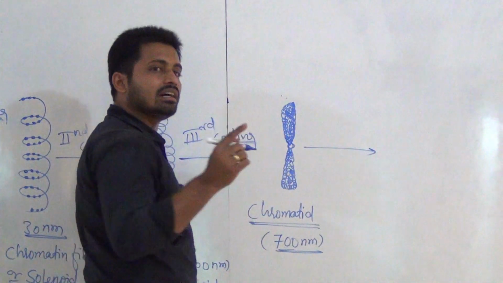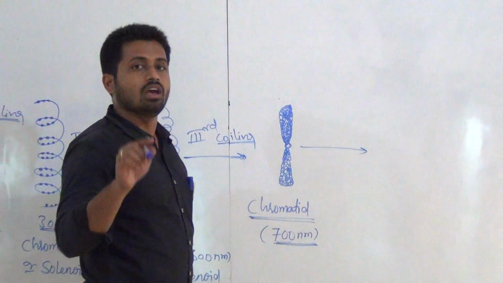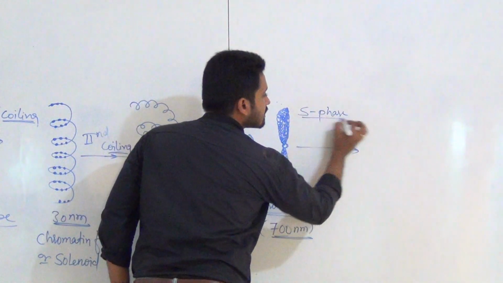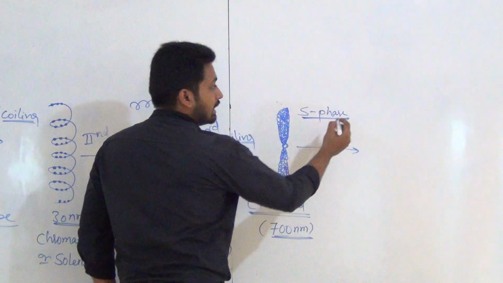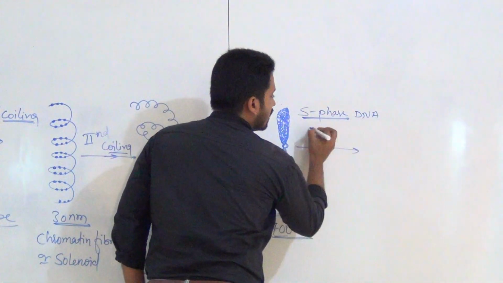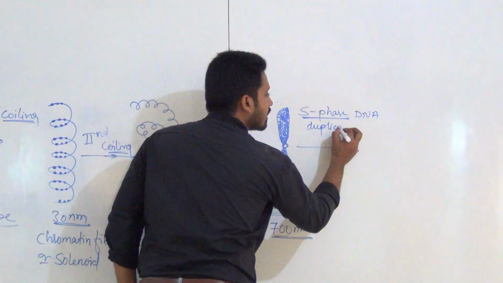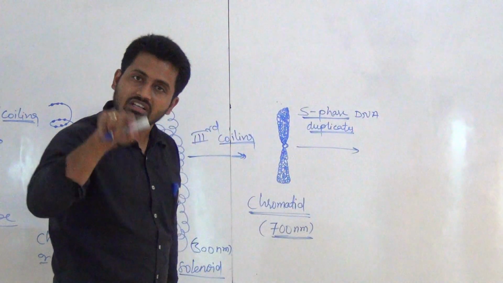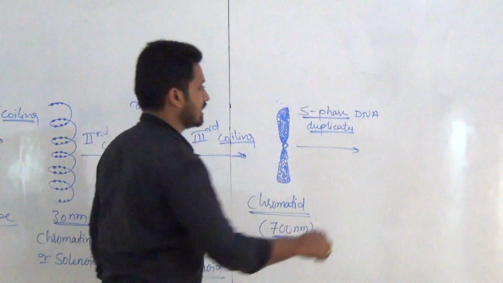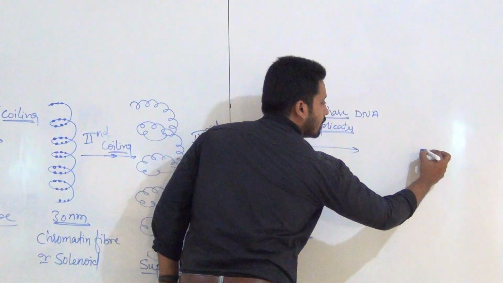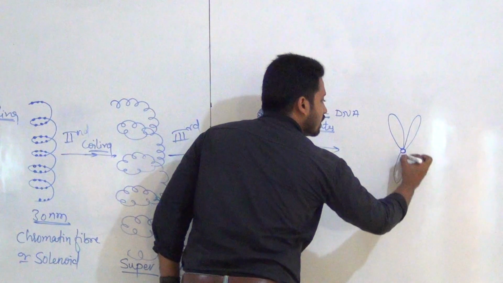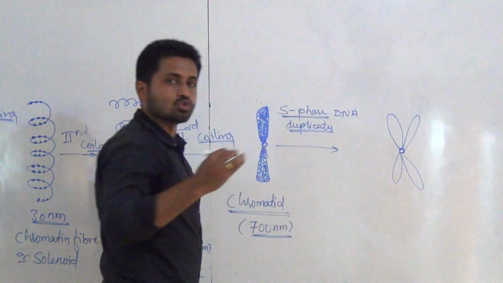You studied in the cell cycle, cell division chapter, that during S phase the DNA duplicates into two copies of itself, and it will form the interesting structure called chromosome.